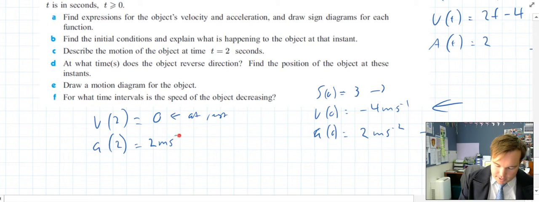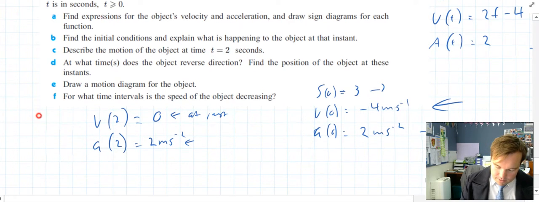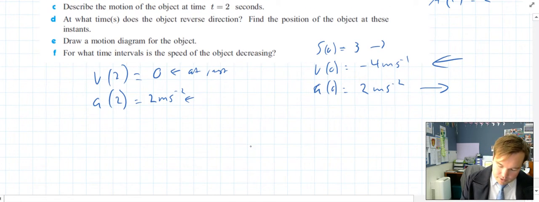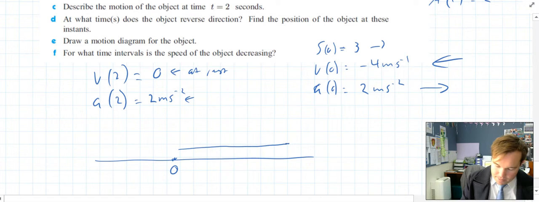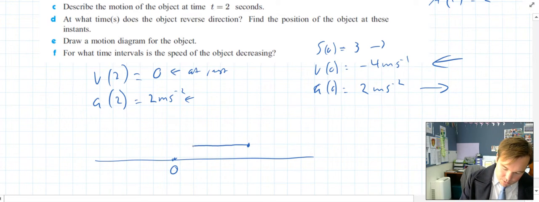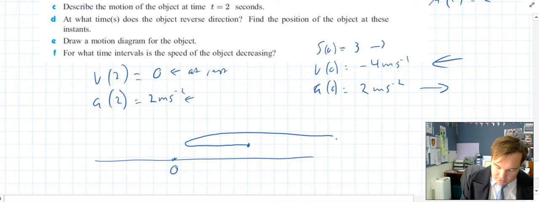This 2 meters per second squared means the object is accelerating to the right. So what's happened is, if there is the origin, the object started here, has moved a certain distance towards the origin, and it's turned back around, and it's turning at time equals 2.